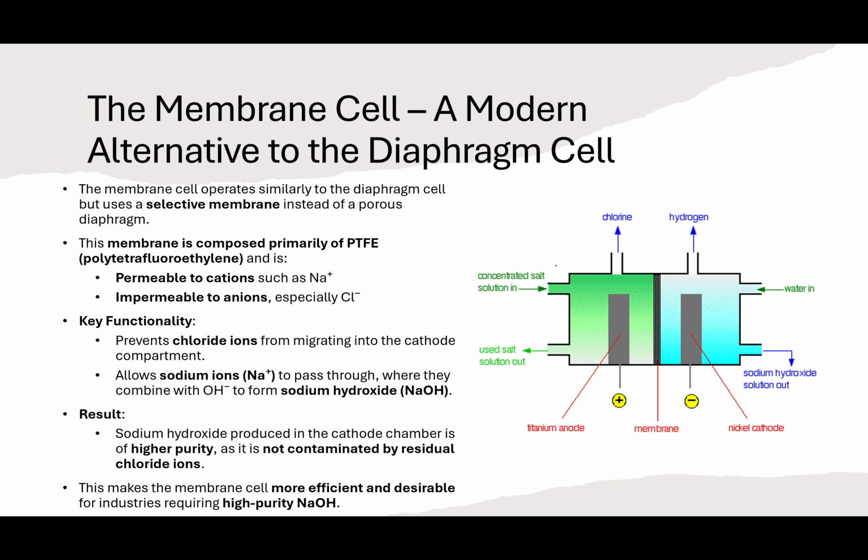With the asbestos diaphragm cell, we had some chloride coming past, so it contaminates our sodium hydroxide. But with the modern membrane cell, where we use polytetrafluoroethylene, we have little to no chloride ions moving over to the cathode compartment, so we have a higher purity of sodium hydroxide.